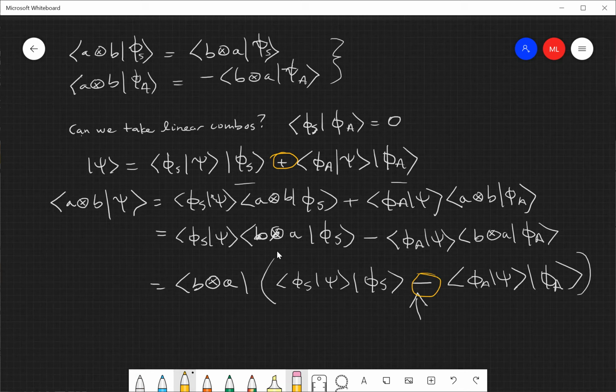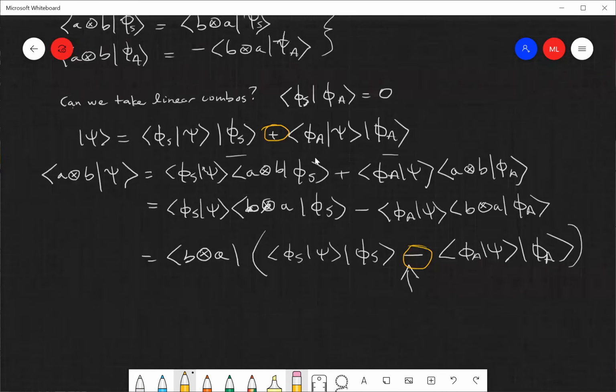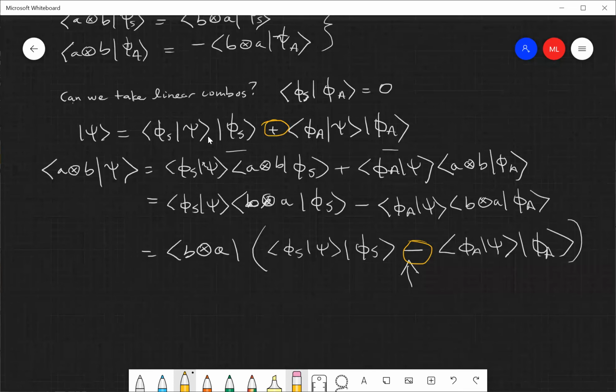This is not possible because it would violate the whole idea of having identical particles. If you have identical particles, your states had better pick up at most an overall phase. So such a linear combination of symmetric and anti-symmetric would violate that.